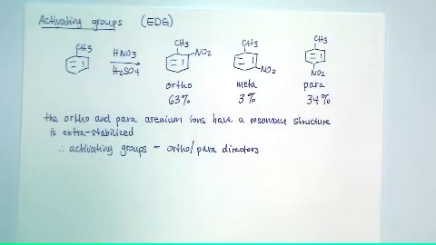And so that's good because we can use various groups on the benzene ring to control where other groups end up going. And so that's going to be another synthesis strategy that we'll see.